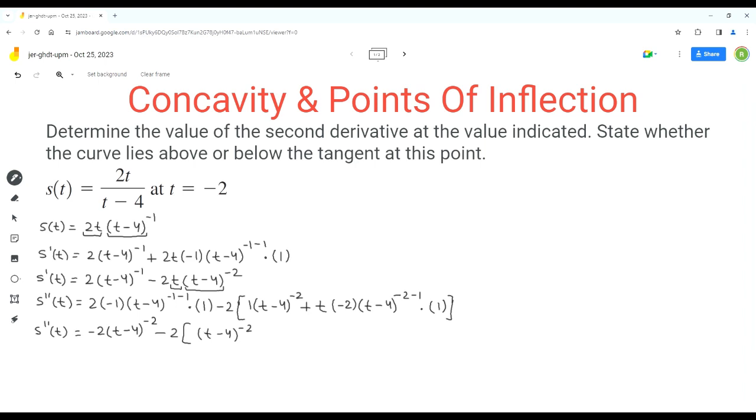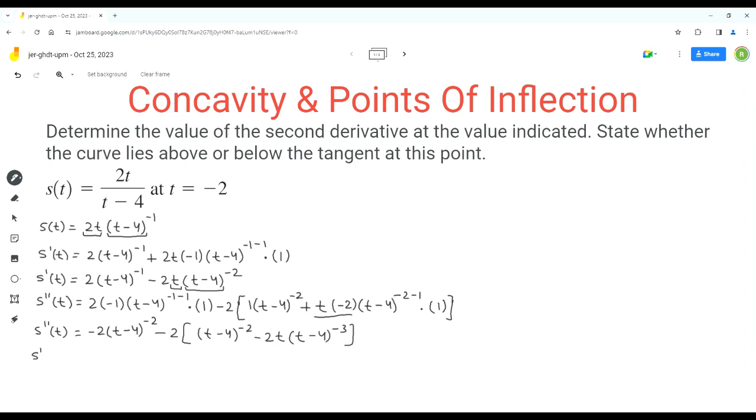And in the second part, t times -2 will be equal to -2t, and multiplication by 1 at the end won't change anything, so we get -2t, and then (t minus 4), and in the exponent, -2 minus 1 is equal to -3. Now we can simplify this further.